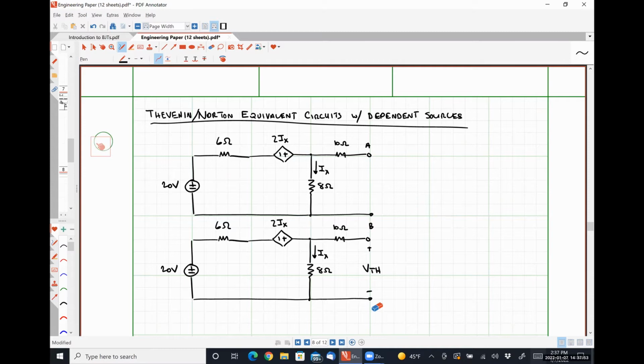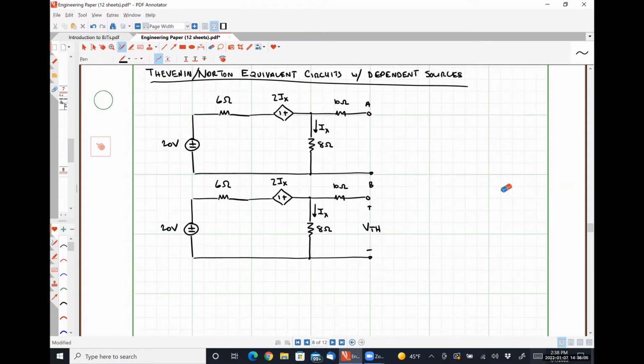Okay. So let's take the method that was suggested, simply applying Kirchhoff's voltage law around this loop, solve for the quantity Ix, multiply that by 8, and we have VTH.